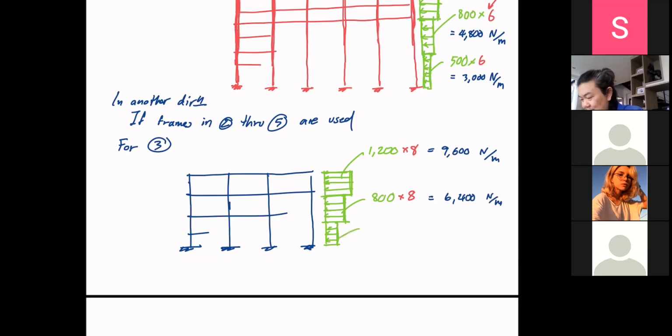And that would be 500 multiplied by 8. That's 4,000. Okay, not difficult. Not difficult at all. Is there any question? Is there any question? Let's stop the record.